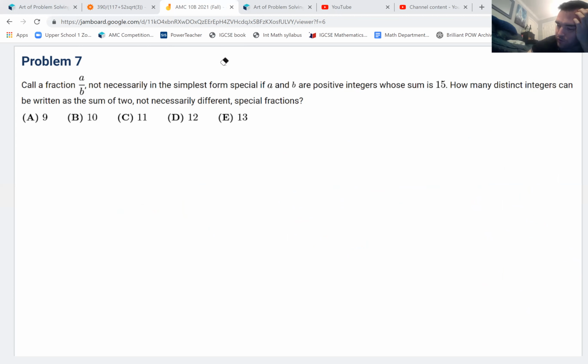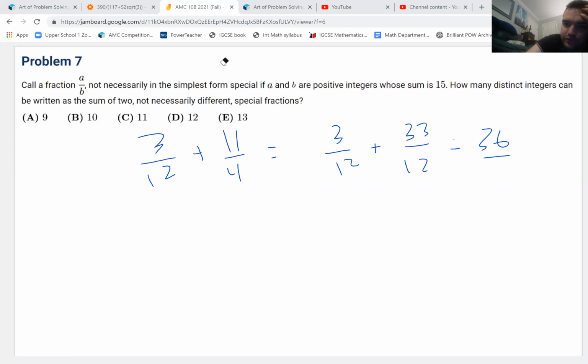So when you work it out, one example would be 3 over 12 plus 11 over 4, which would give you 3 over 12 plus 33 over 12, which is 36 over 12, which is 3.